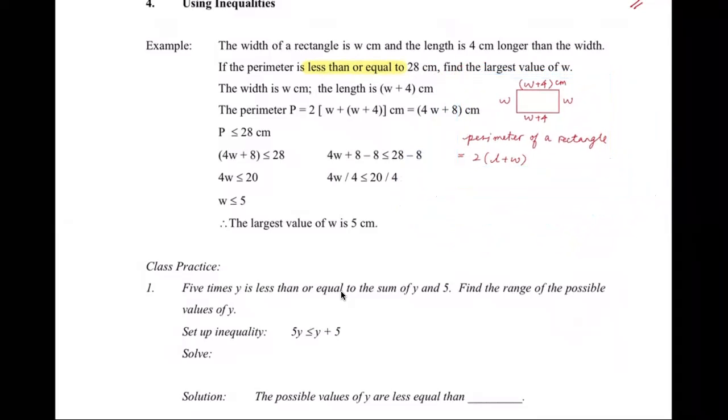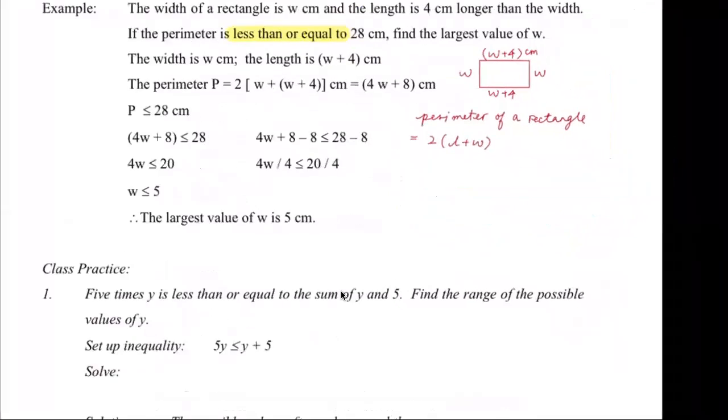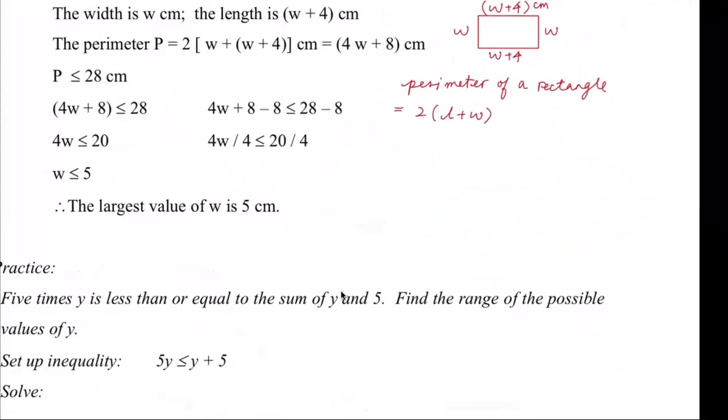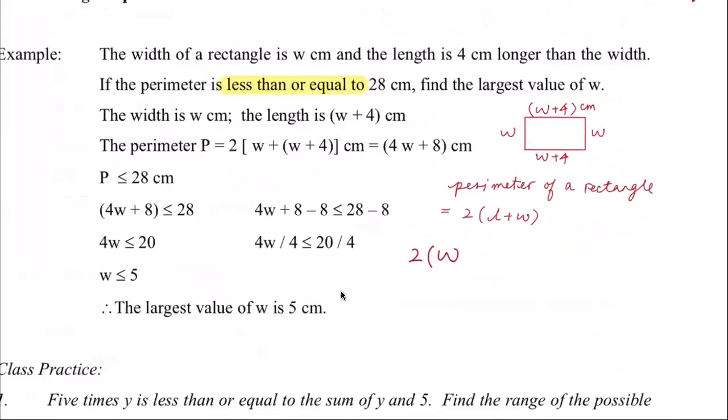So the perimeter of the rectangle is smaller than or equal to 28 centimeters. The width is just W, because the question defined it for us. The width of the rectangle is W centimeters.